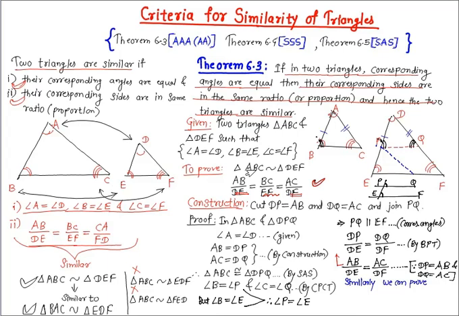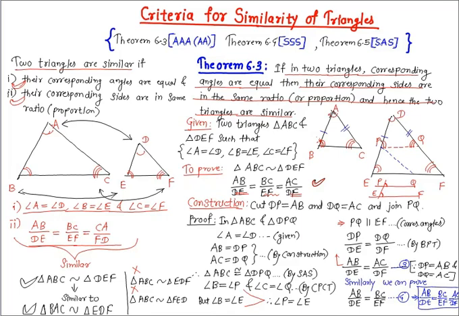That means when PQ is parallel to DF, we'll get AB by DE is equal to BC by EF. And if we take this equation as 3 and this equation as 4, from 3 and 4 we can write AB by DE is equal to BC by EF is equal to AC by DF. And this is what we have to prove.